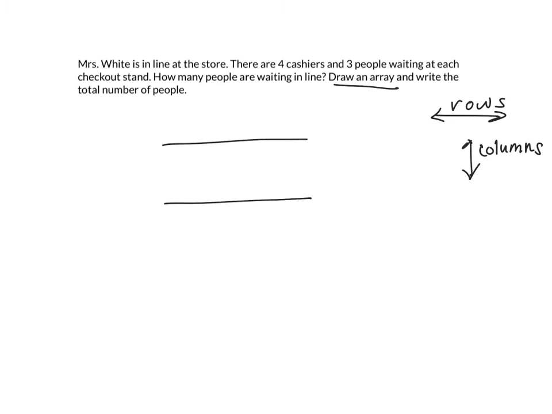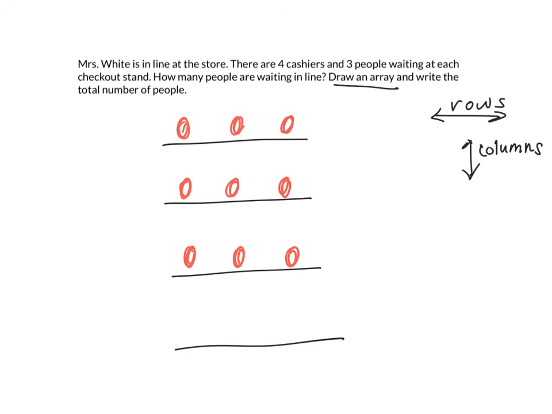So we have 4 cashiers. I'm going to draw them kind of like as if I was looking down into the store. There's 4 checkout lines. And it says that there are 3 people waiting at each checkout stand. So I have 1, 2, 3, 1, 2, 3, 1, 2, 3, 1, 2, 3.